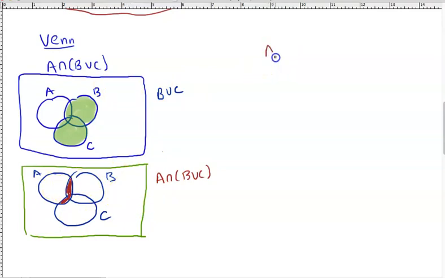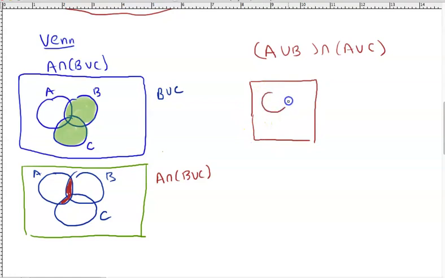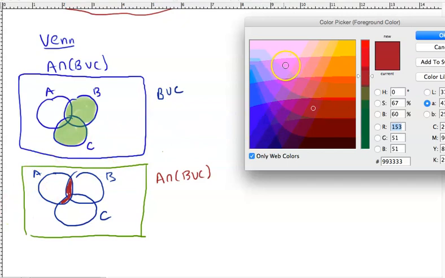Okay, so we're going to look at A union B intersected with A union C. So let's draw diagrams. I'm going to draw a diagram for A union B. 1, 2, 3 sets: A and B and C. Let's shade pink.